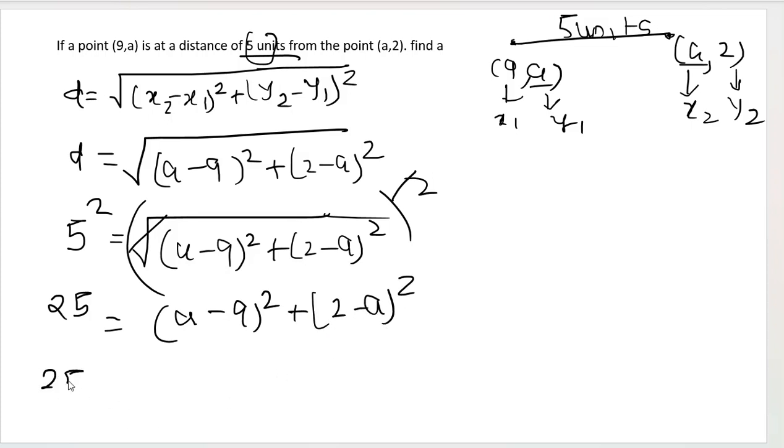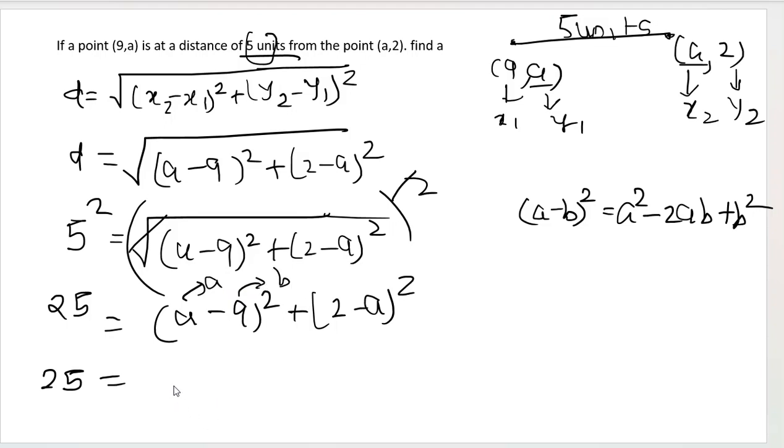So we have 25 is equal to, now we use this formula: (a minus b) the whole square is equal to a square minus 2ab plus b square. In the first case, this acts like a and this acts like b, so it will be a square minus 2 into a into 9 plus 9 square.